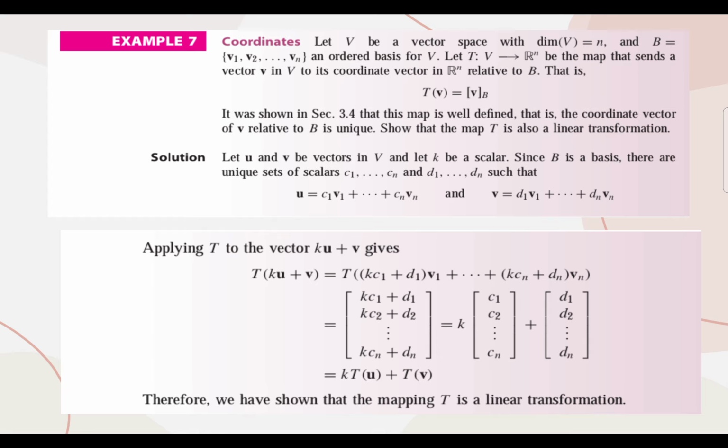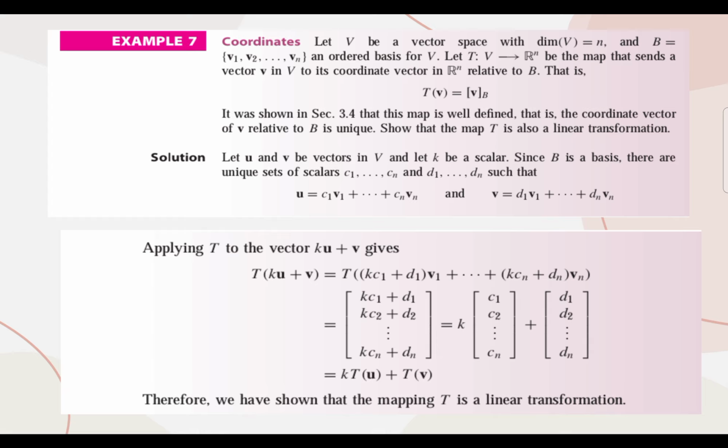The solution begins by representing two arbitrary vectors u and v as linear combinations of the basis B using unique sets of scalars. So we have u equals c sub 1 v sub 1 plus up to c sub n v sub n. Then v equals d sub 1 v sub 1 plus up to d sub n v sub n.